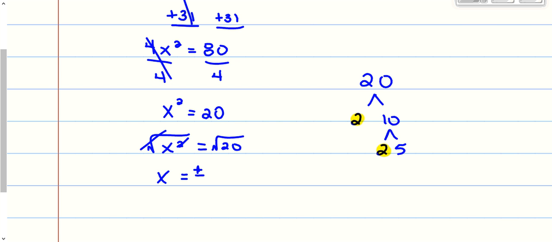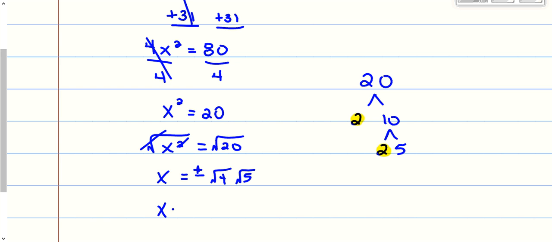A perfect square is a number that you can take the square root of and get a whole number, not a decimal. So if I take the square root of 20, I have to break it down into the square root of 4 times the square root of 5. So 4 times 5 is 20. 4 is a perfect square.